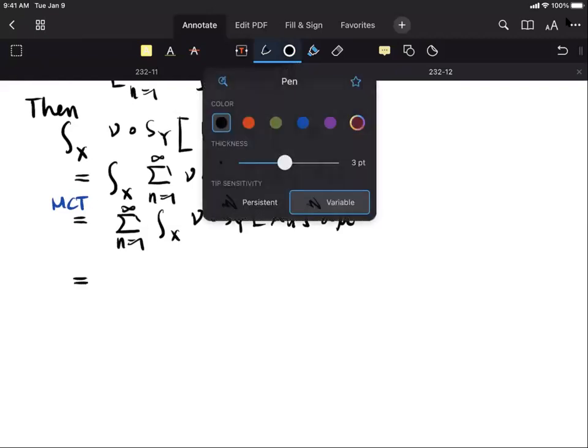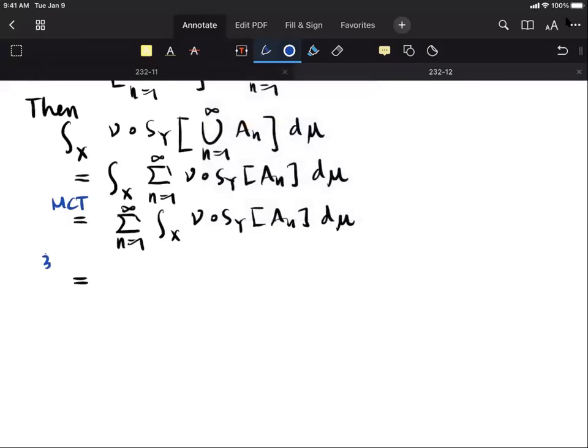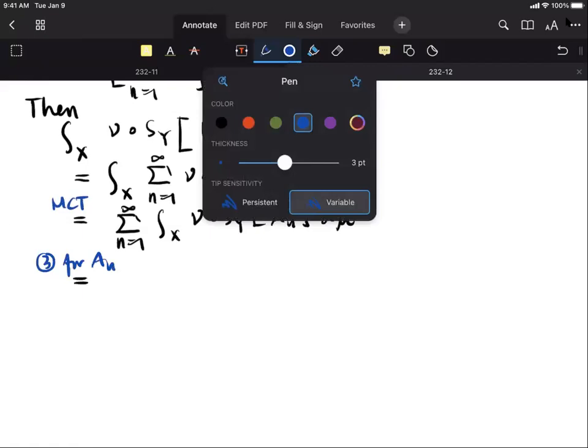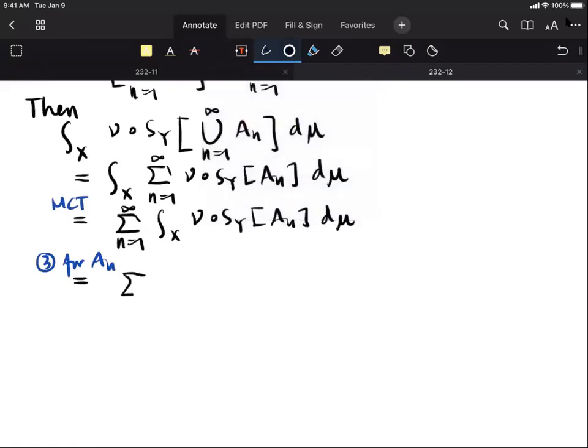Now, if you apply the third property for an, the integral over x can be replaced by the integral over y, but now you take this composition with respect to the section on x.